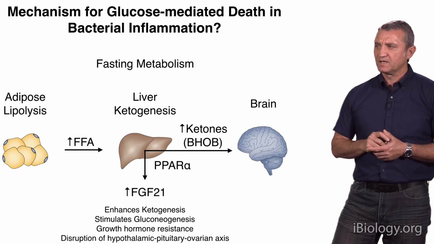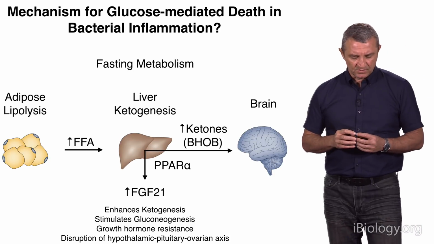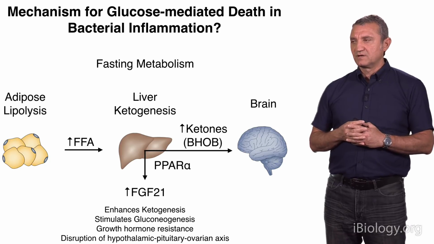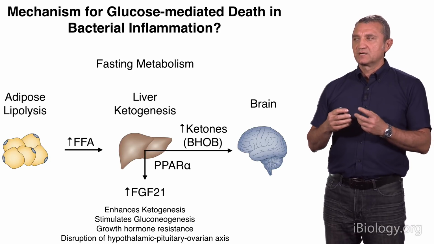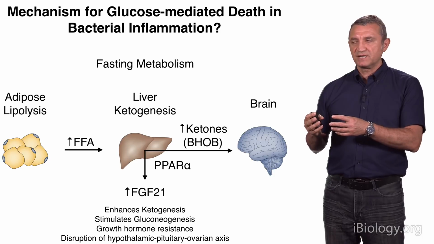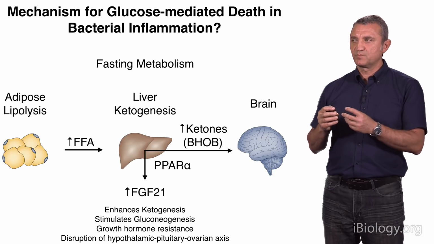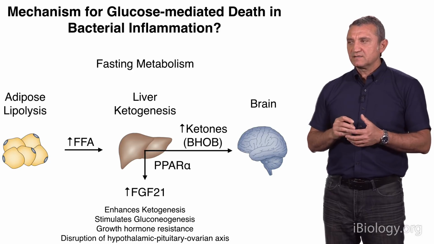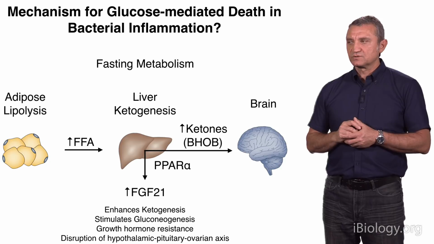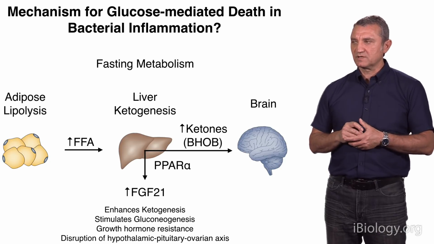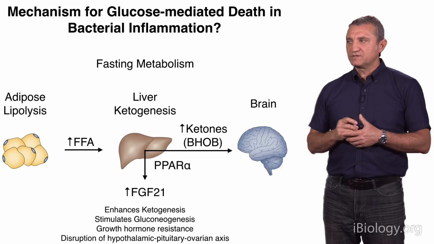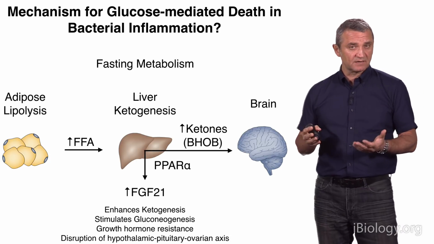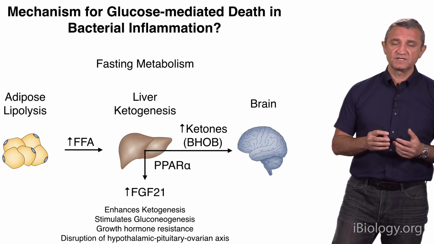What PPAR alpha does during this prolonged fasting is detect fatty acids delivered from the adipose tissue and induce enzymes that generate ketones from fatty acids. The point of that is that ketones can now be used by the brain. The second thing PPAR alpha does is control expression of a fasting hormone called FGF21.